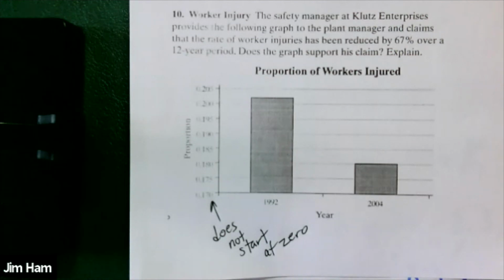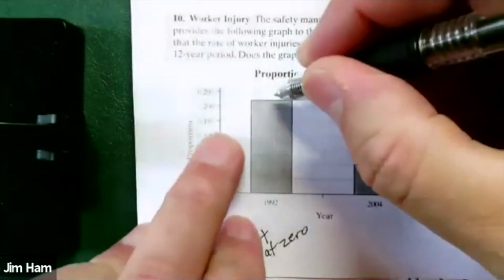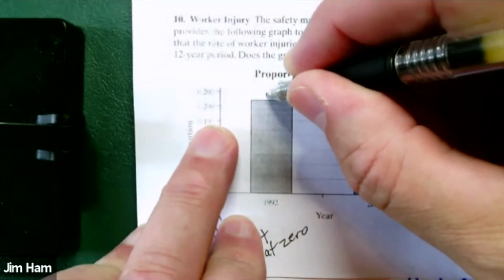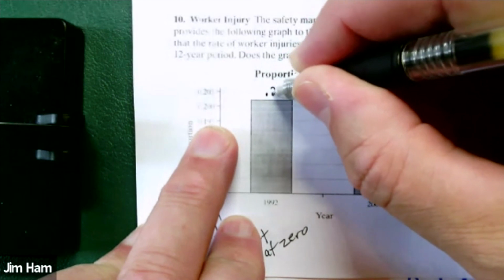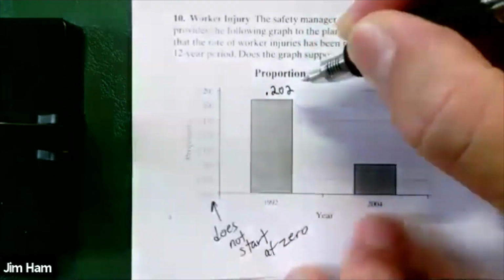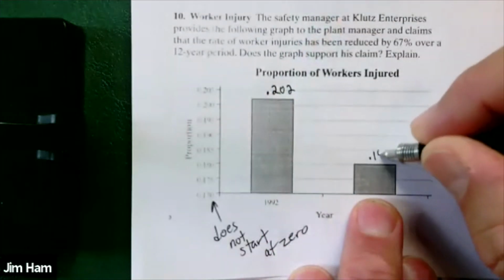And so if you think that the bar in 1992 is 3 times as high as the bar in 2004, then it does appear to be a 2/3 drop. But if you write down the actual numbers, this is about 0.202, and this one is about 0.180.